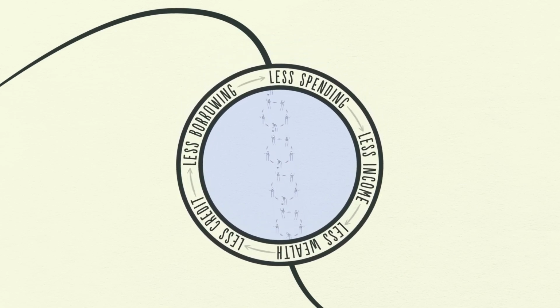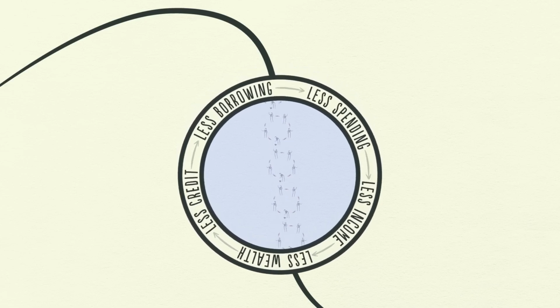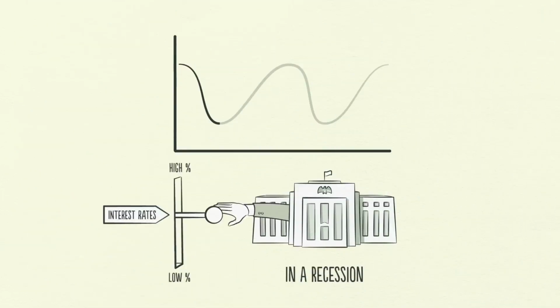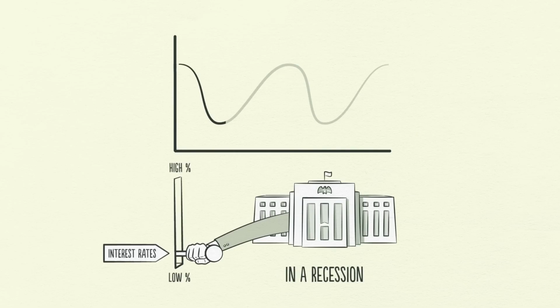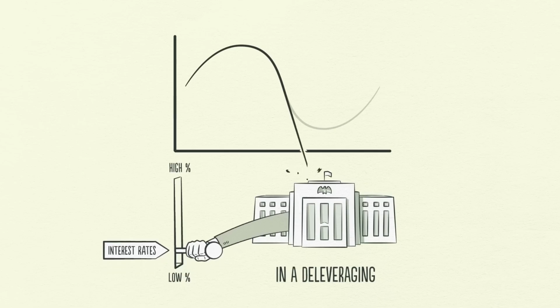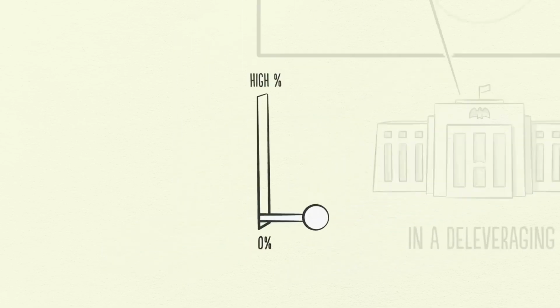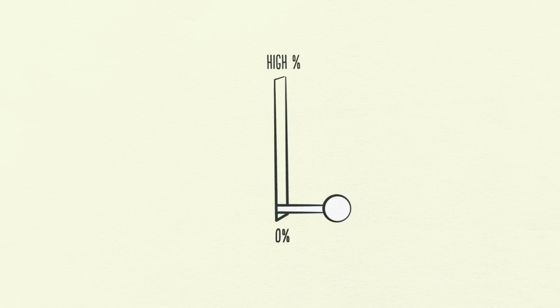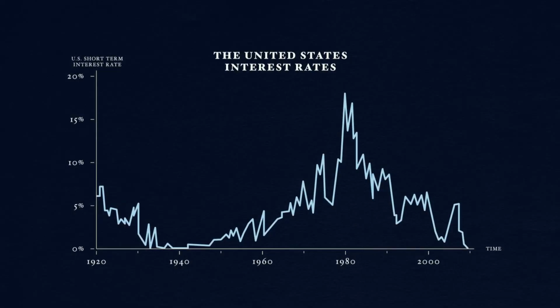It's a vicious cycle. This appears similar to a recession, but the difference here is that interest rates can't be lowered to save the day. In a recession, lowering interest rates works to stimulate borrowing. However, in a deleveraging, lowering interest rates doesn't work because interest rates are already low and soon hit 0%. So the stimulation ends. Interest rates in the United States hit 0% during the deleveraging of the 1930s and again in 2008.